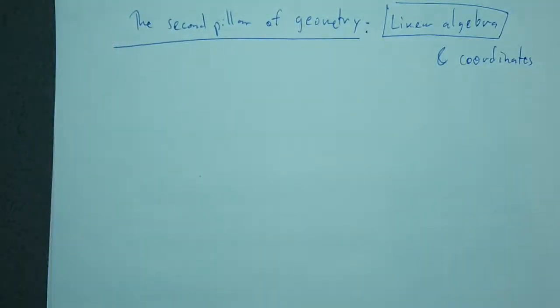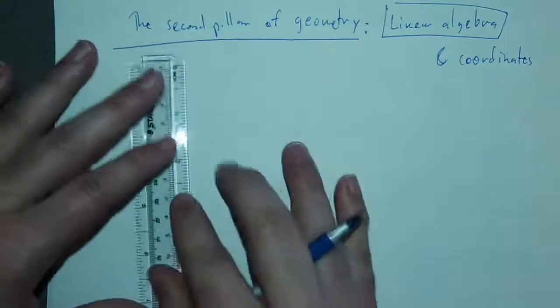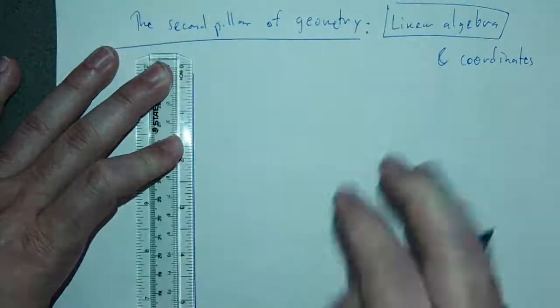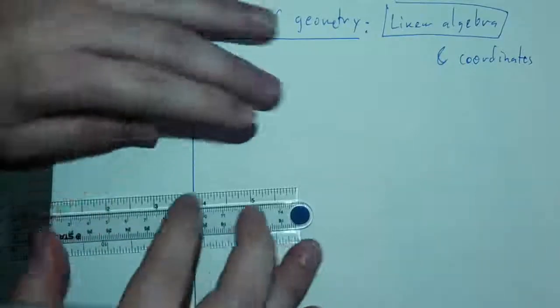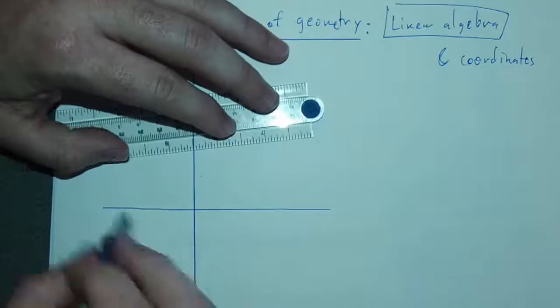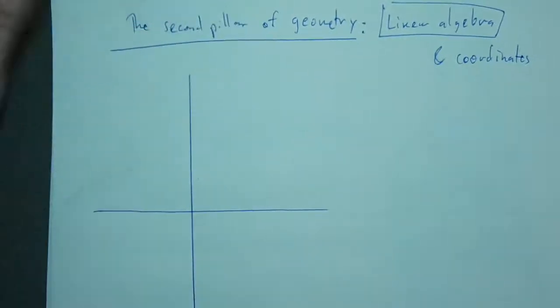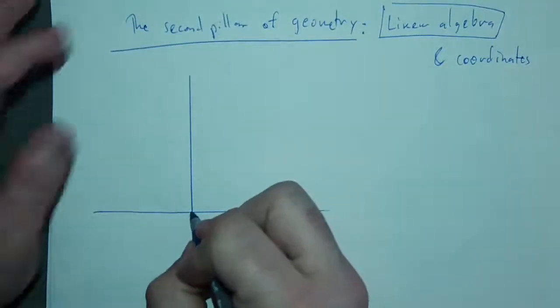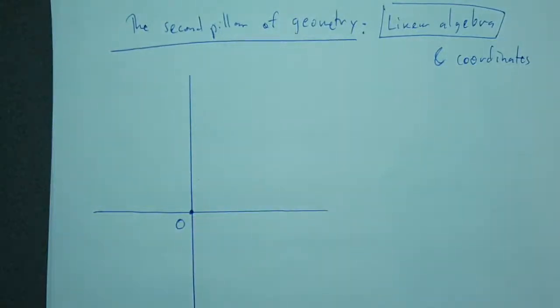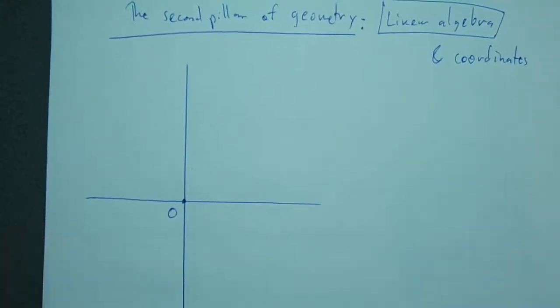I don't necessarily care where these perpendicular lines are, but here's a line, and then I have a line that's perpendicular to that line. I don't care about where they meet, but wherever they meet, I'm going to call that point O.